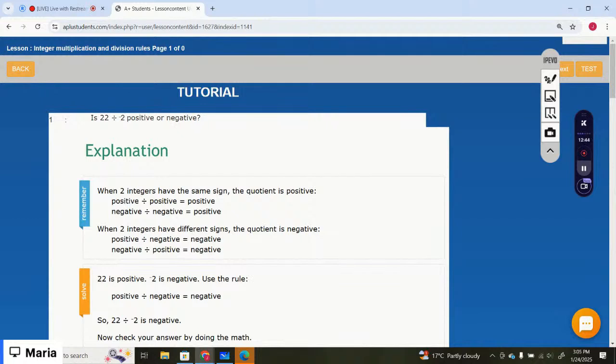So 22 divided by negative 2 is negative because they have different signs.